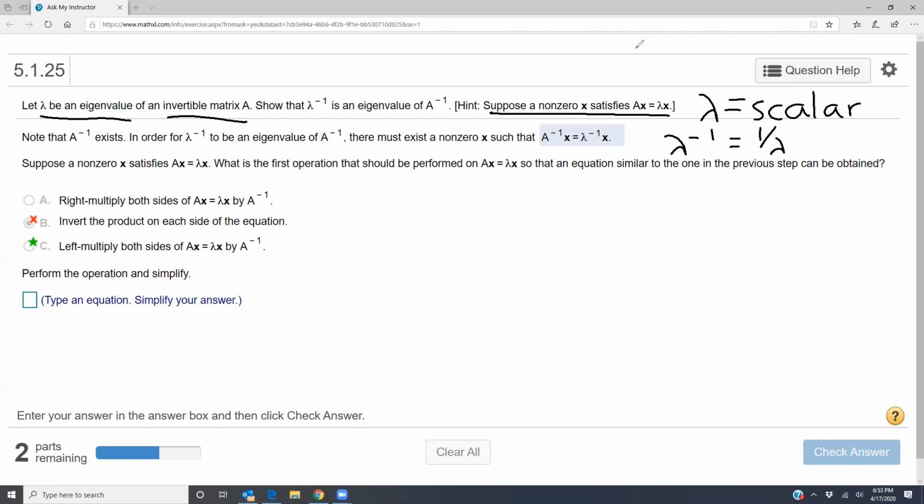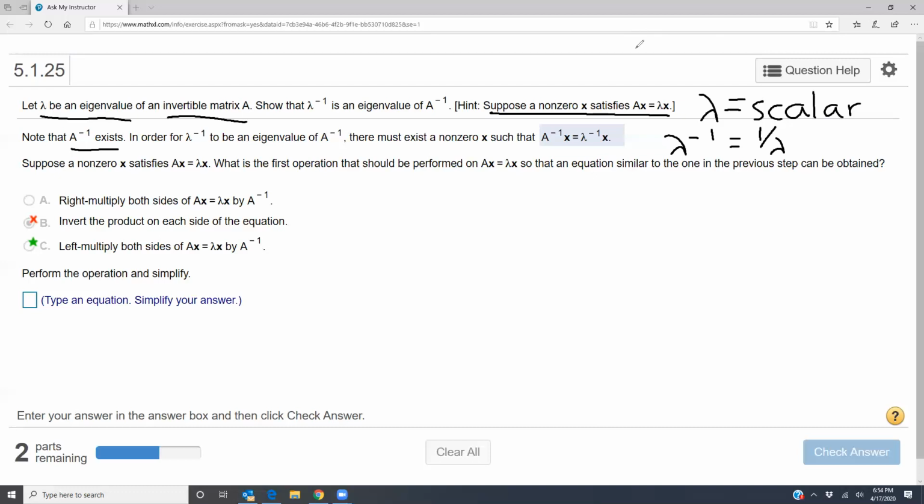Now the problem says, note that A inverse exists, because we're told that in the problem, the matrix is invertible. In order for lambda to the negative 1 to be an eigenvalue of A inverse, there must exist a non-zero x such that, and the student already selected, A inverse x equals lambda to the negative 1 x.